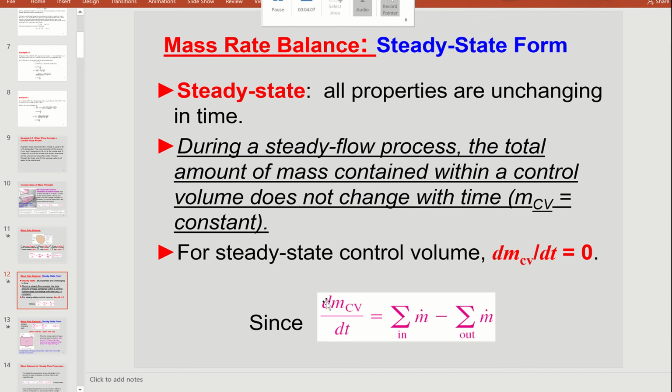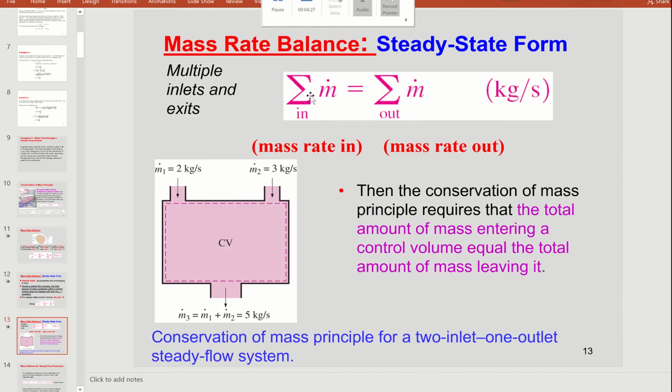In that case, the delta is equal to 0 because the mass is constant, so there's no change and this entire term is equal to 0. Then we conclude that the mass flow rate coming in equals the mass flow rate going out. That's our mass conservation equation.